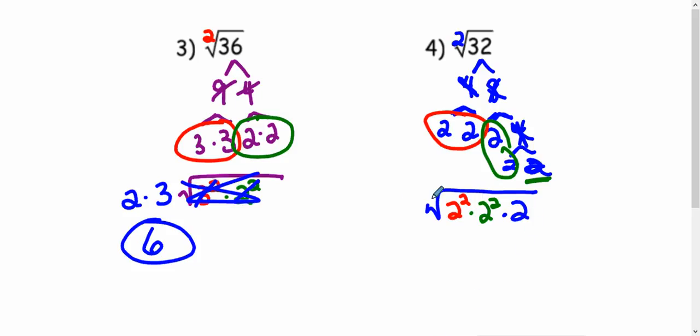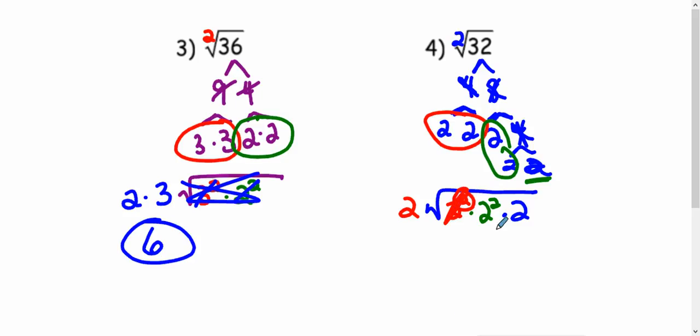Now remember, when I pull these outside, I'm looking for an exponent of 2 because of the index. So whenever I see an exponent of 2, I'm going to bring what outside? The base. So my base of 2 will come out here, and this cancels.